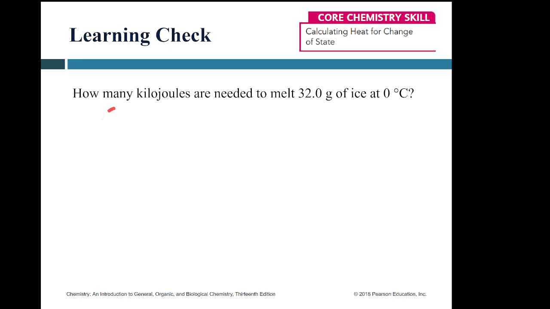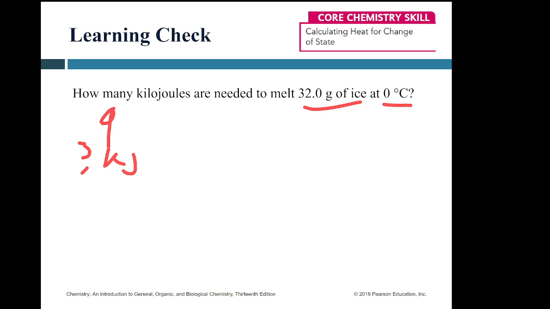You all good with Q? No? Okay. Let's put a question mark, kilojoules. We want kilojoules at the end of this, don't we? All right. And so what do we have? We have 32 grams of ice, and we're at 0 degrees Celsius.